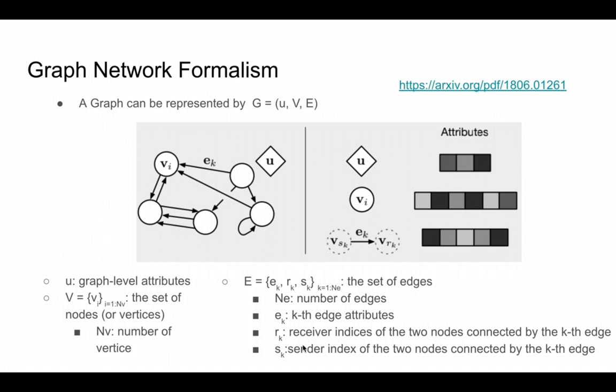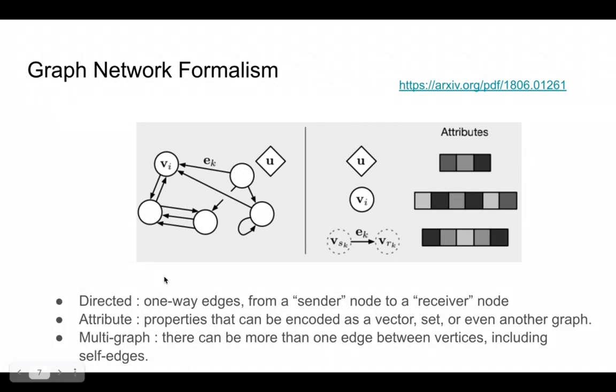There are two indices representing the receiver node and the sender node of each edge. There are graph level attributes, vertex level attributes, and edge level attributes. A directed graph has a one-way edge from a sender node to a receiver node, and attributes describing properties can be encoded as a vector, set, or even another graph.